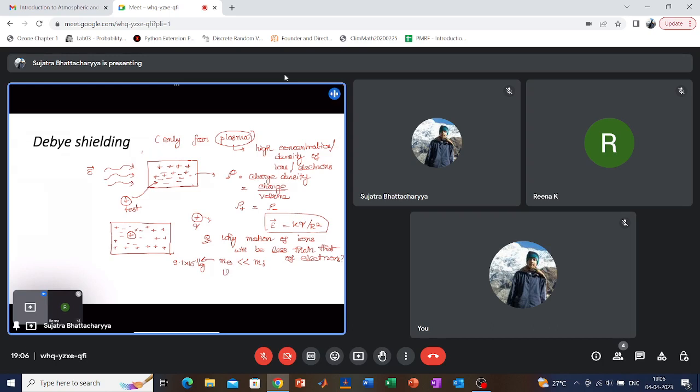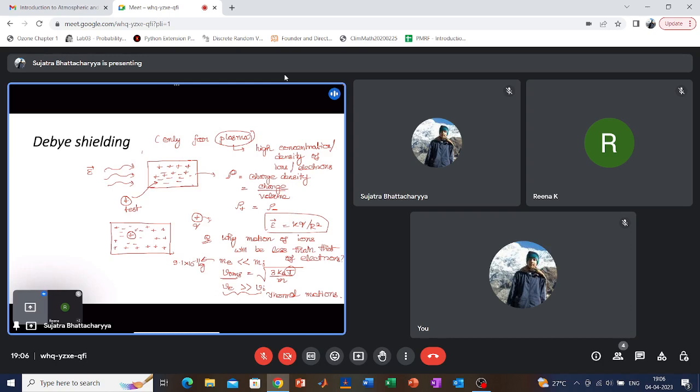And according to the kinetic theory of gases, if you remember, this v_rms is nothing but the square root of 3 k_B T by m. So it is inversely proportional to the mass. Therefore, velocity of the electrons will be much greater than the velocity of ions. So this is the thermal motion. Because of this temperature, the motion of the electrons. Okay, so there will be thermal motions of the electrons.